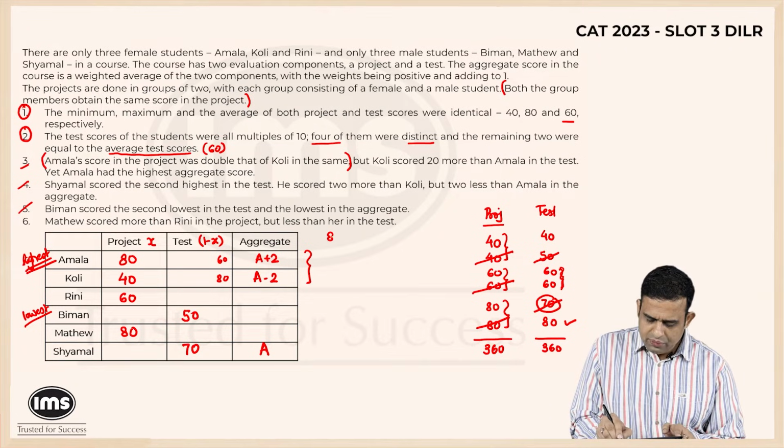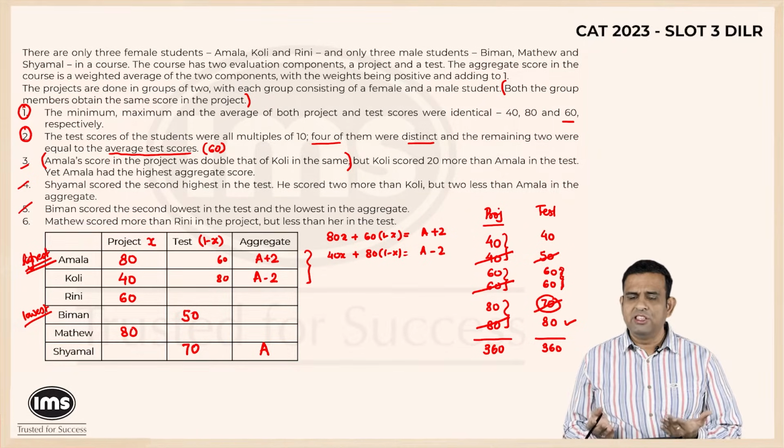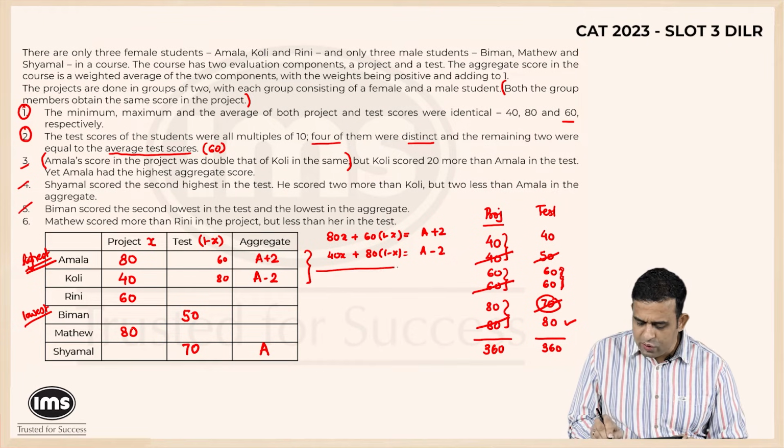So 80 into x plus 60 into 1 minus x will give you the aggregate of A plus 2. For Kohli, it will be 40 into x plus 80 into 1 minus x, which should be equal to A minus 2. Now I can simply subtract, because my RHS is now going to be equal to 4.